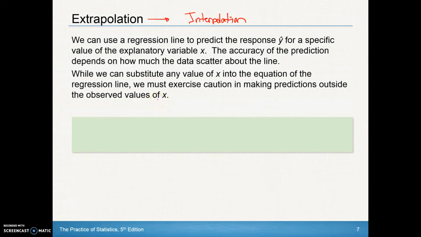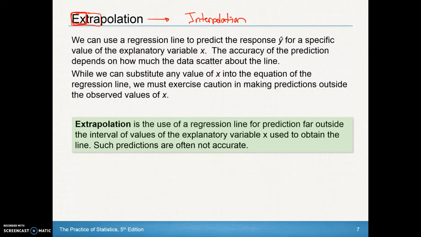Okay, so we'll look at that prefix extra, or the x part. X means on the outside. So when we're collecting data, be careful of extrapolation. In other words, if I've got data that's collected and I've just got a whole bunch of data right here, that's the minimum on the domain.